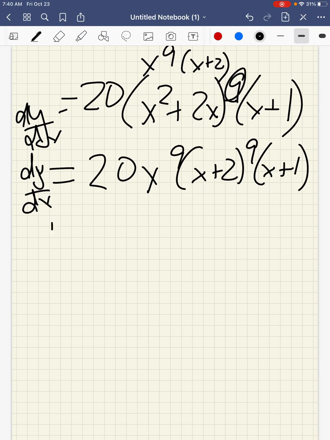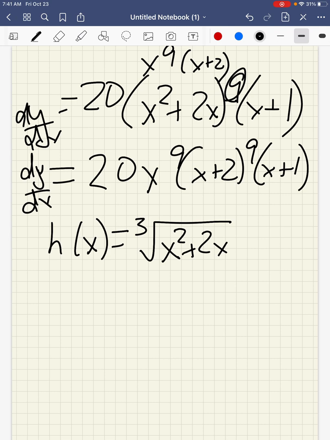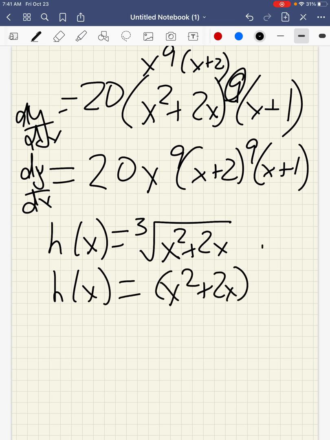All right, so the next one is h of x is equal to the cube root of x squared plus 2x, and we're supposed to find h prime of x. So the first thing I'm going to do is rewrite this as h of x is equal to (x squared plus 2x) to the 1/3 power.